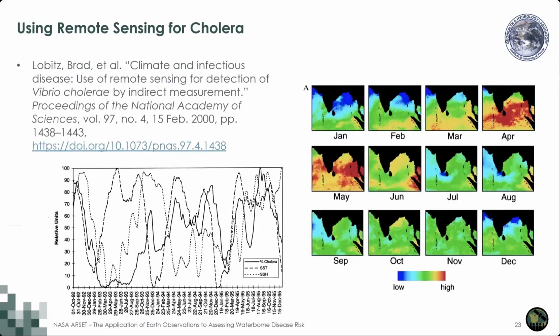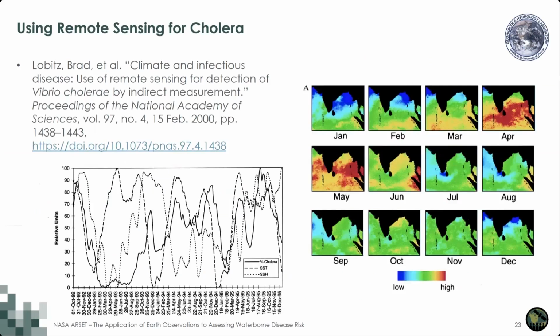As I was saying, one of the first studies that looked at using remote sensing for cholera was in the early 2000s, looking at sea surface temperature and sea surface height for cholera cases, I believe in the Indus River Basin. This was one of the first studies ever done using remote sensing data and cholera.